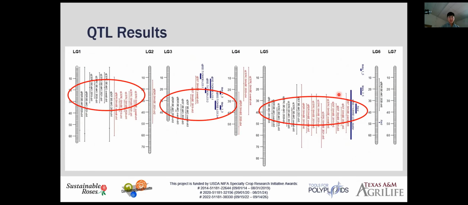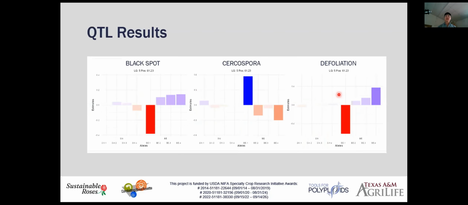But what's interesting is that with all this new polyploid software, we're now able to see the parental homolog effect. So these are effect plots, the average effect of having any one of the parental homologs at any given position in an individual. So for instance, all of these are linkage group 5, position 61.23 centimorgans.